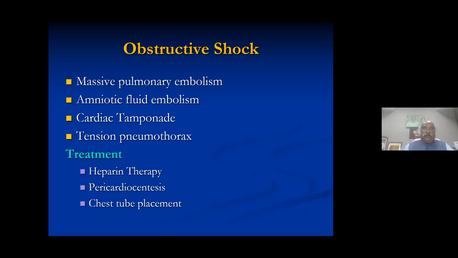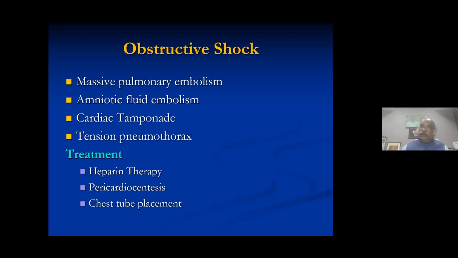And the treatment, particularly for pulmonary embolism: heparin therapy is the ideal treatment. But believe me, for massive pulmonary embolism, heparin therapy is not a treatment, because you have to immediately relieve the obstruction. Therefore, nowadays the vascular surgeons or the vascular interventional radiologists are doing a thrombectomy procedure.